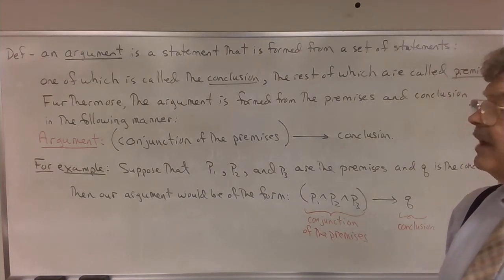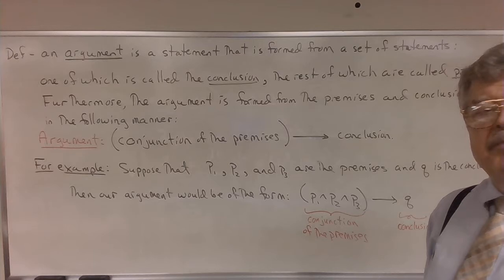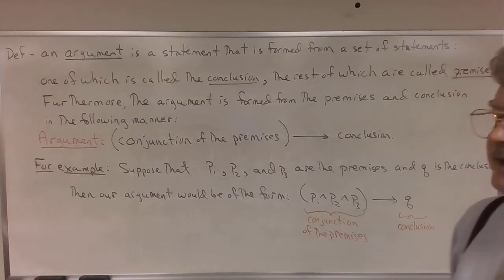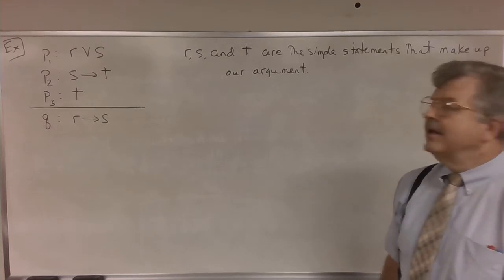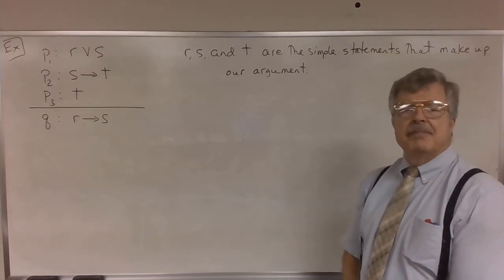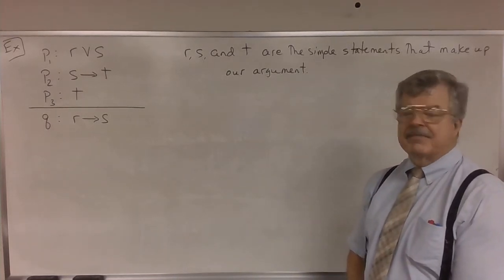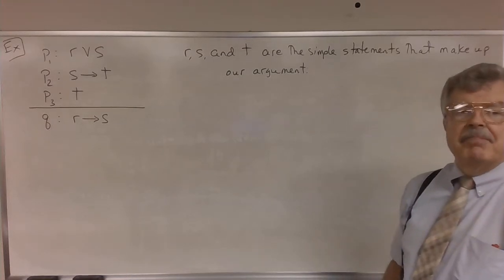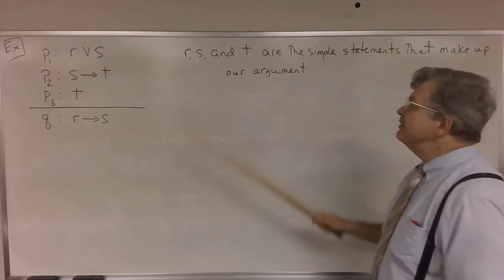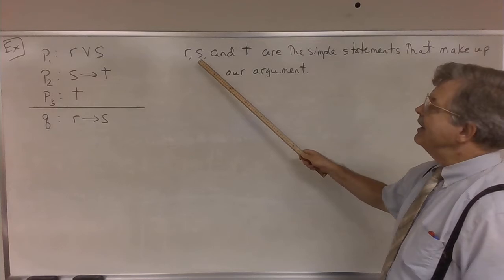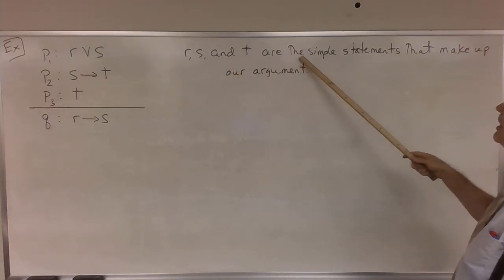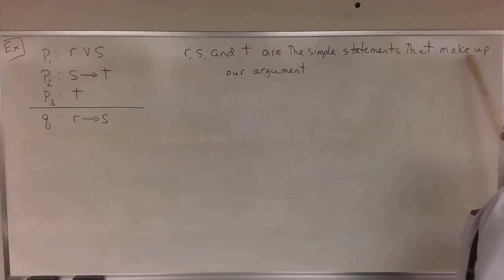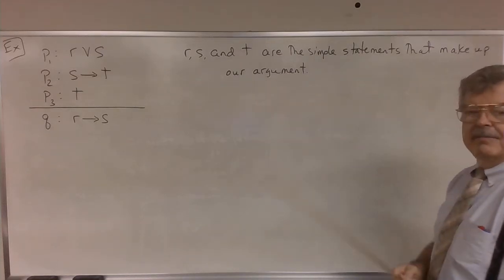Now I'm going to write an argument on the board and I'll put it in a form that you're likely to see. Okay, here's a symbolic argument. And our symbolic argument is made up of the simple statements R, S, and T. So I'd say R, S, and T are the simple statements that make up our argument.